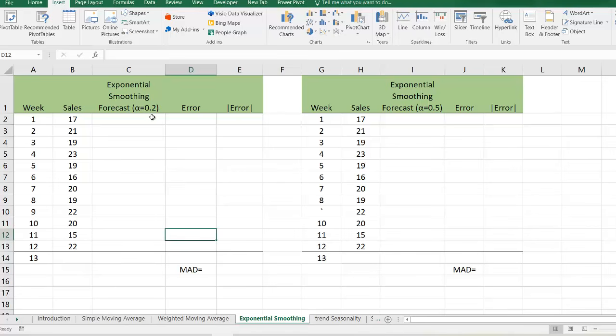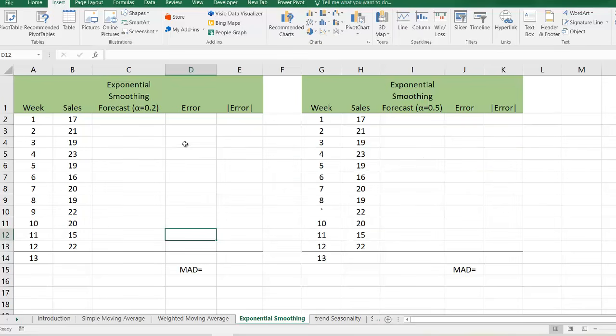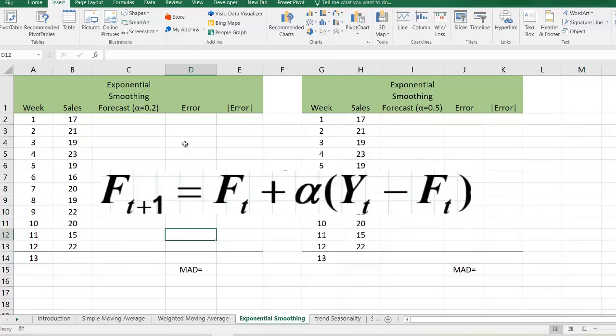This time, we're going to compute the forecast using exponential smoothing. Exponential smoothing is a type of moving average in which the new forecast is equal to the last period's forecast plus alpha times the difference between the actual and the last period's forecast, where alpha is a value between 0 and 1, known as the smoothing constant.